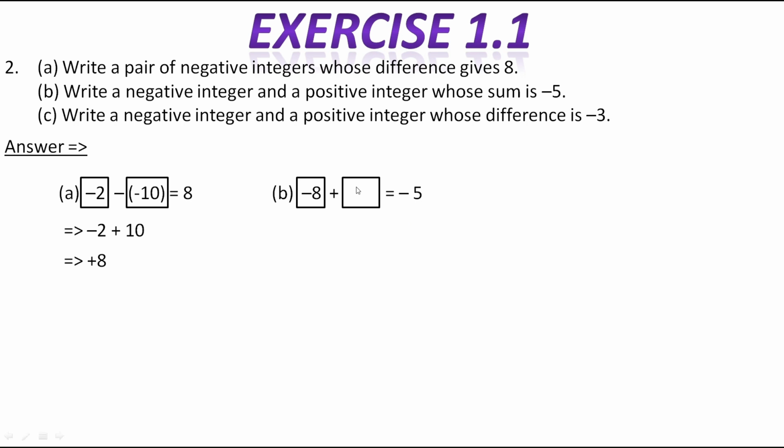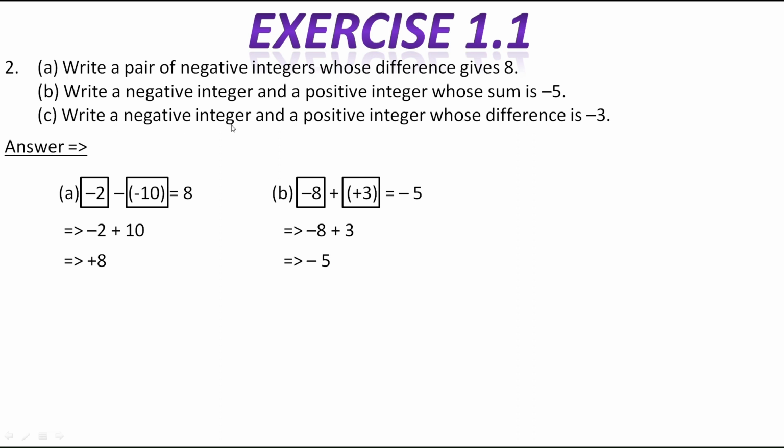The positive integer should be smaller, so I'll take the number plus 3. Now minus 8 plus 3: both the numbers have different signs, so we have to subtract. 8 minus 3 is 5 with a minus sign, because 8 is bigger and has a minus sign. So the answer is minus 5.